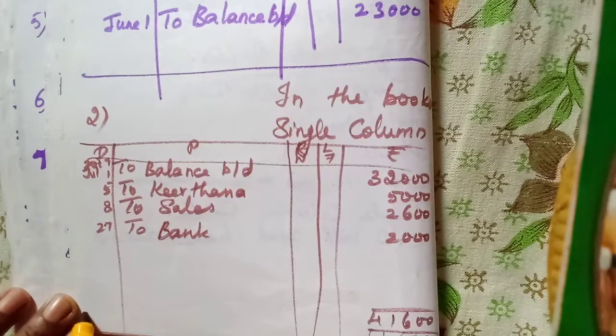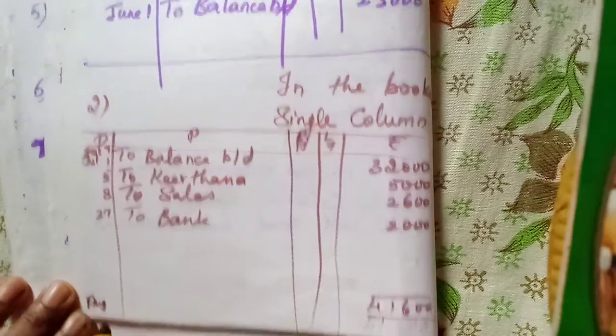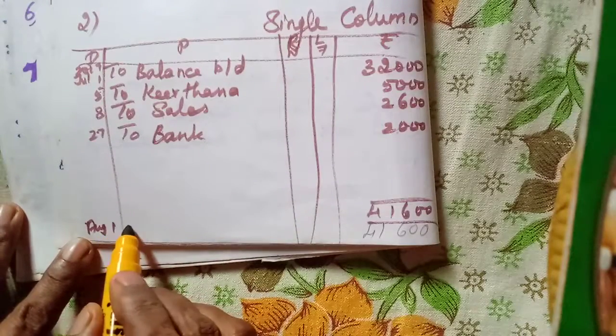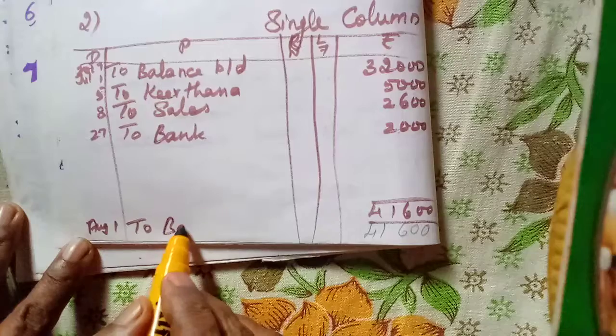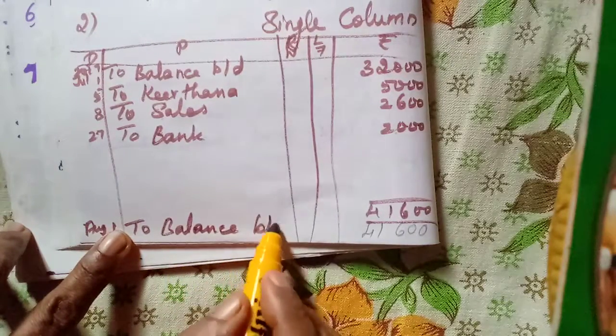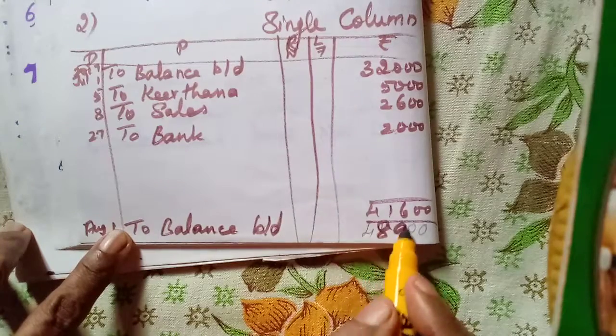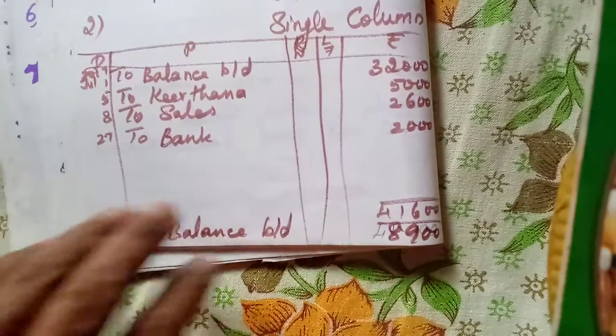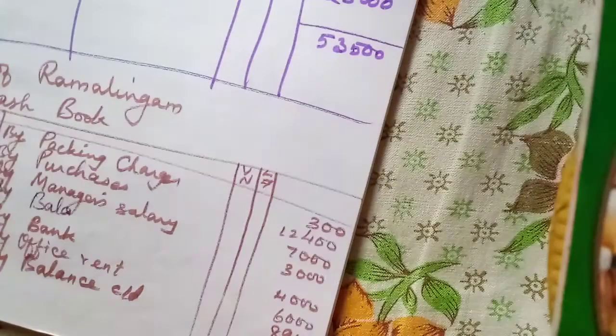Next month August, August 1 to balance brought down 8,900. Okay, like this we have to write.